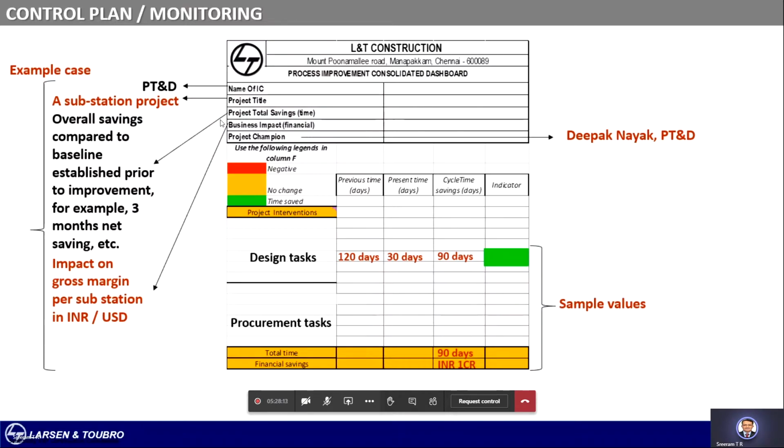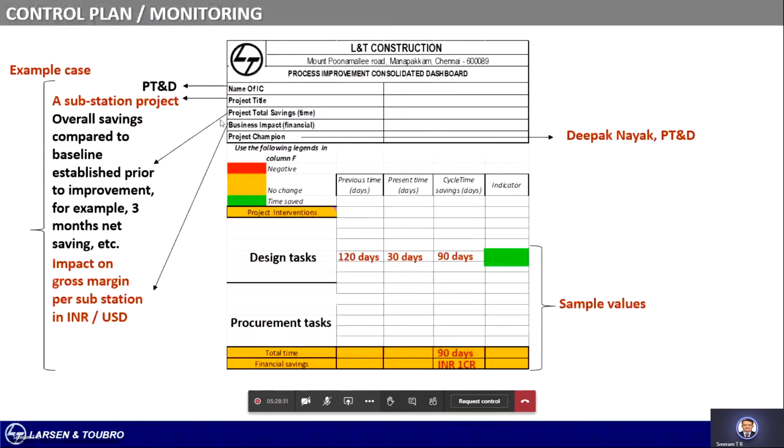The previous time was 120 days. Present time is 30 days. So your cycle time savings is 90 days. It is a brief summary of what the project is all about and what the key savings are that result from this at different stages.